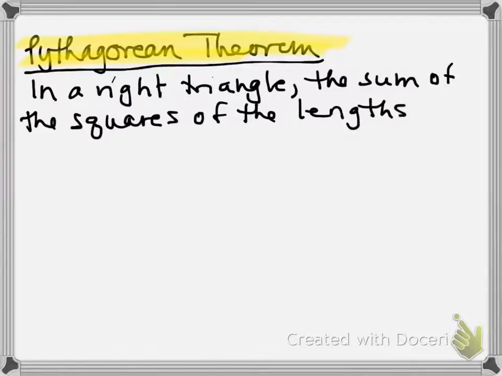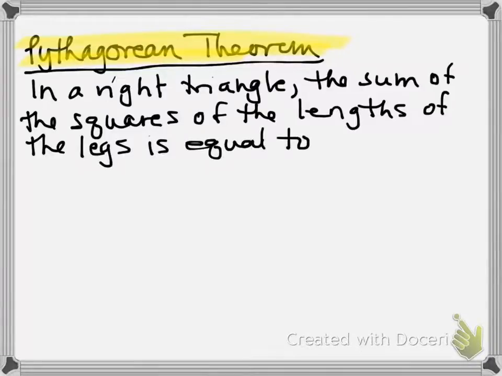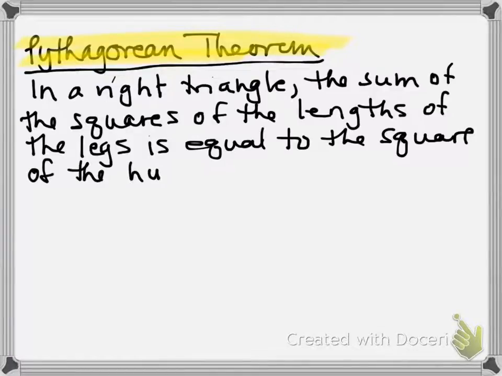Legs are objects. Lengths of the legs is equal to the square of the hypotenuse, or the length of the hypotenuse.